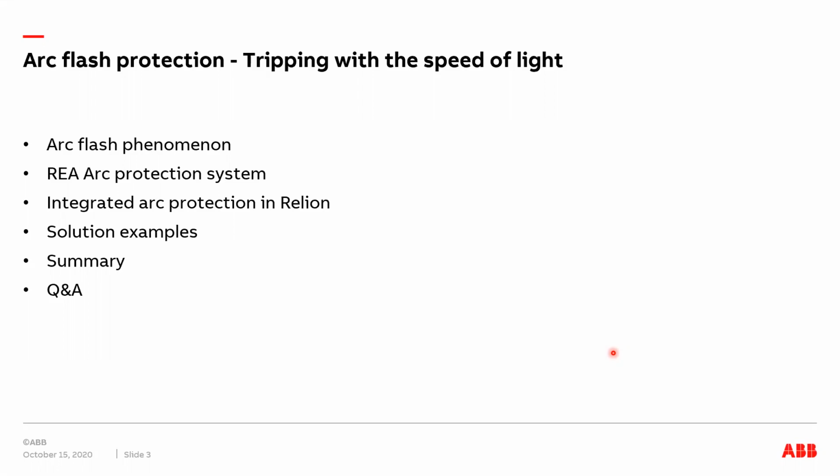Then Rainer will introduce our arc protection system REA 101. Then we'll have a look at how to do arc protection if we integrate the function into modern protection relays. We have a look at some solution examples and how to build systems. And in the end, we'll have a summary and Q&A.